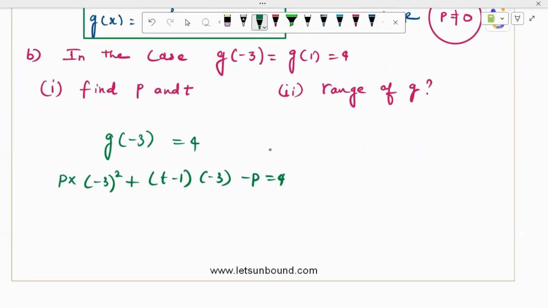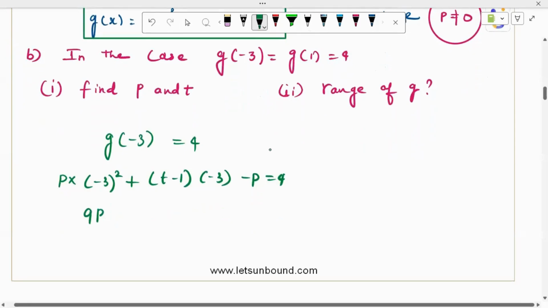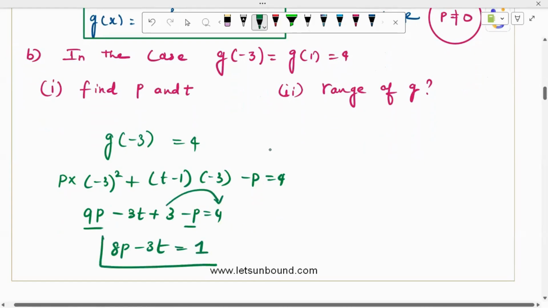Simplify it. Minus 3 squared is 9, so 9p minus 3t plus 3 minus p equals 4. 9p and a minus p here. 8p minus 3t equals, when I switch the 3 here, 4 minus 3, which is 1. Okay, from the first, we got it.